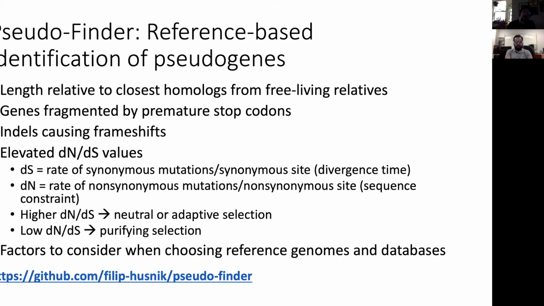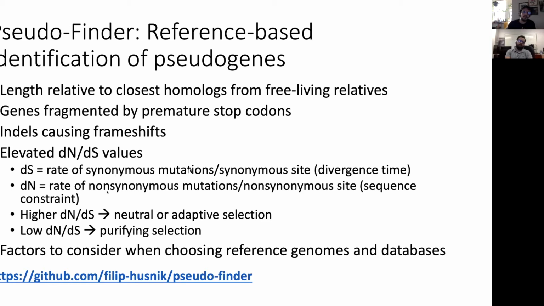If you're interested in learning more about dN/dS, which I won't get into in this lesson, you could refer back to the population genetics and evolutionary biology lesson, where I talked a little more about what dN/dS means in terms of selection. But just briefly to summarize, dS is the rate of synonymous mutations per synonymous site, and dN is the rate of non-synonymous mutations per non-synonymous site.